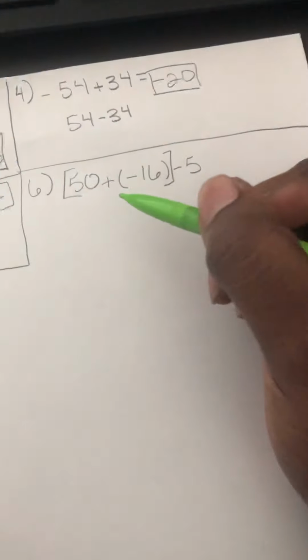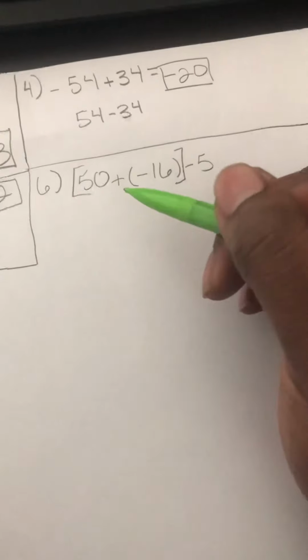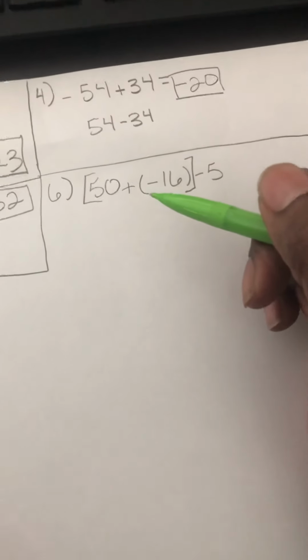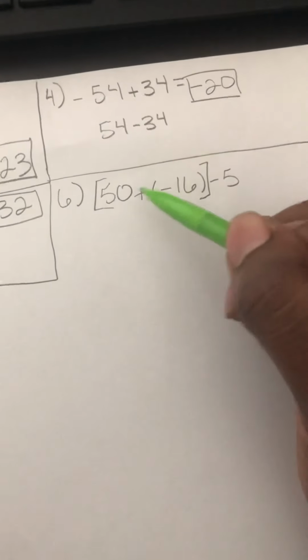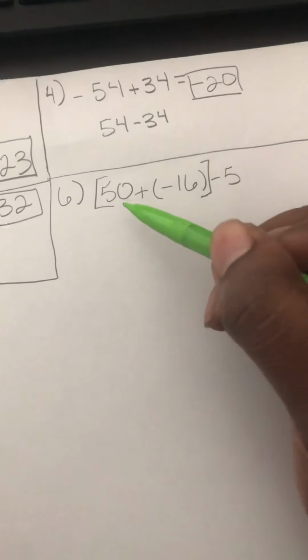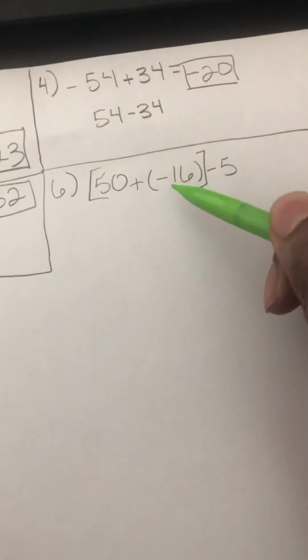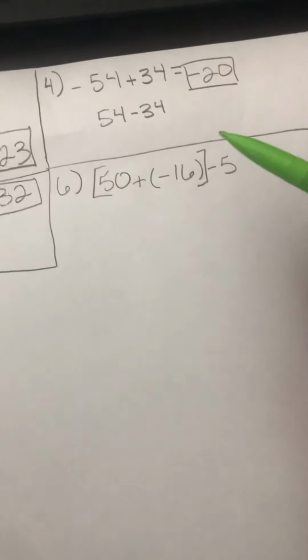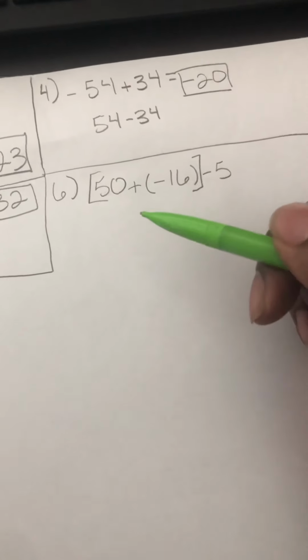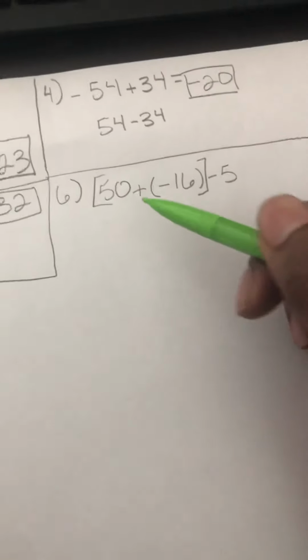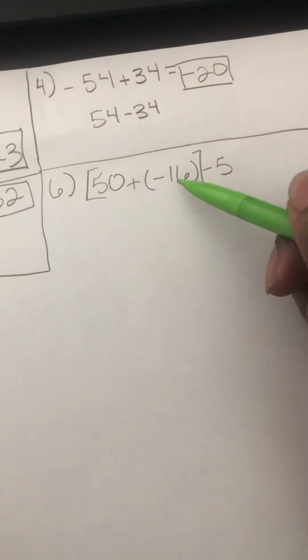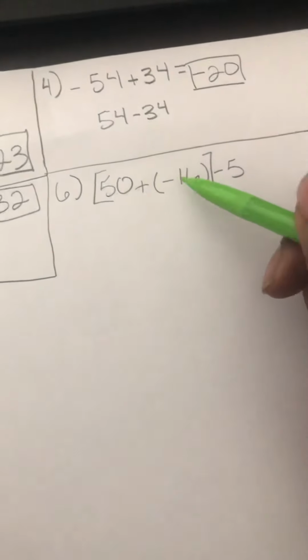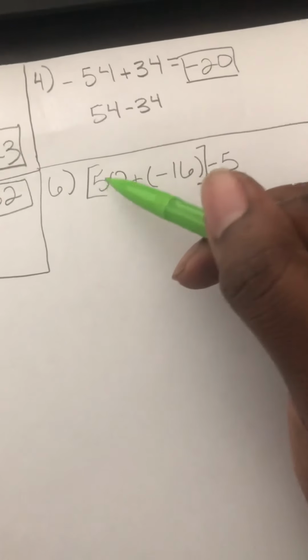So if you look, it says 50 plus negative 16, okay? Whenever we're doing our addition with integers, we always have to look between the two numbers and see which one is bigger. Whichever one is bigger, of course, we have to make sure our answer is going to be that sign. So if we look at positive 50 versus negative 16, if we look at just the numbers, the 50 is bigger.